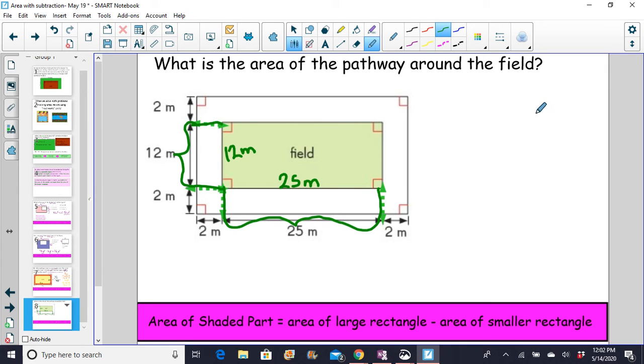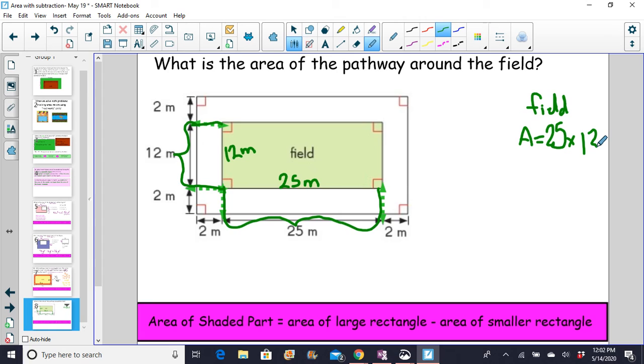I'm going to go ahead right over here and write out my formula to find the area of the field. So area equals length multiplied by width. So I have 25 meters multiplied by 12 meters.